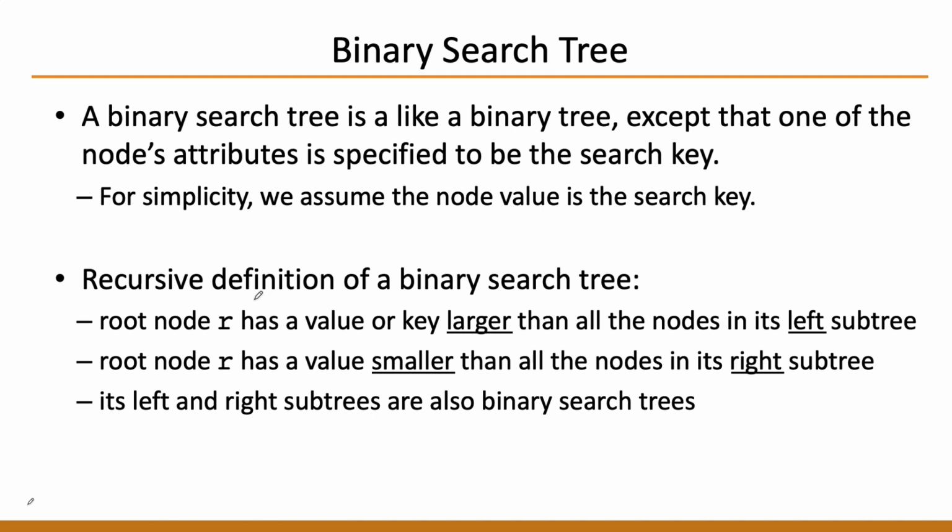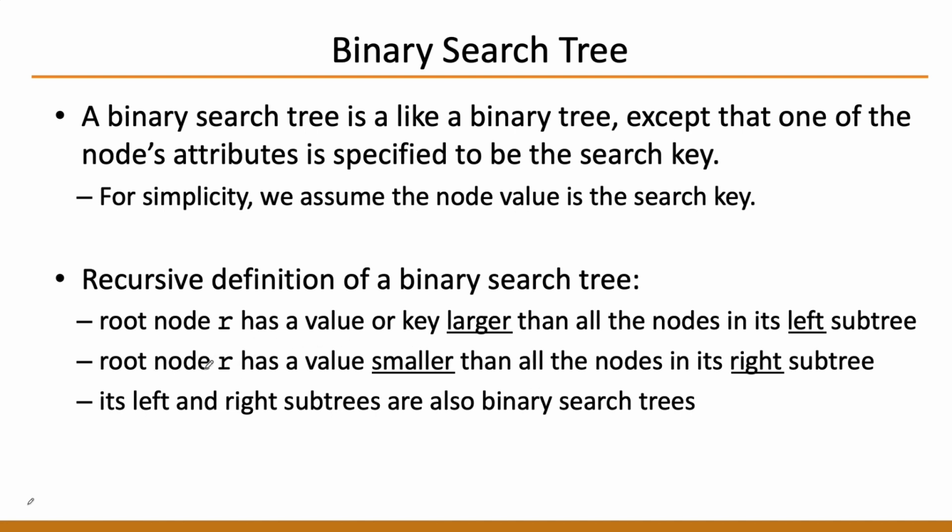What we would like to ensure is that starting from the root level, if the root level value R is specified, we want this value at the root to be larger than all the nodes within the left-hand side of this node. And if you look at the right-hand side of the root node, all the values must be greater than the root node.